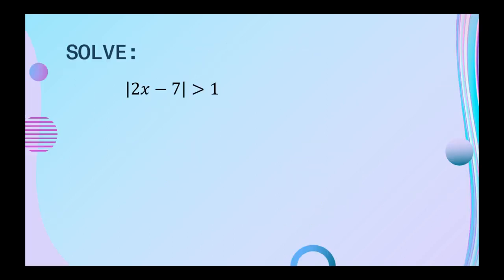Okay, so let's try one. This is probably a good time if you want to pause the video and see if you can set up the 2 inequalities here. But they're going to look like 2x minus 7 is greater than 1, or 2x minus 7 is less than -1. Now, how did I know that was an or statement?